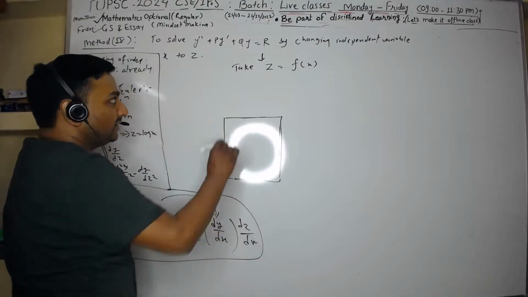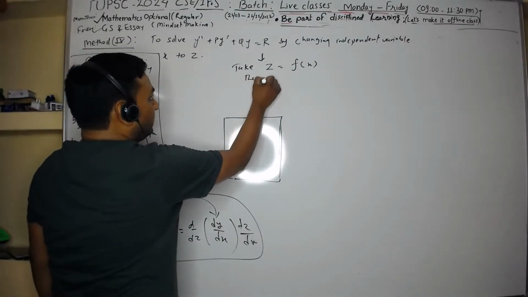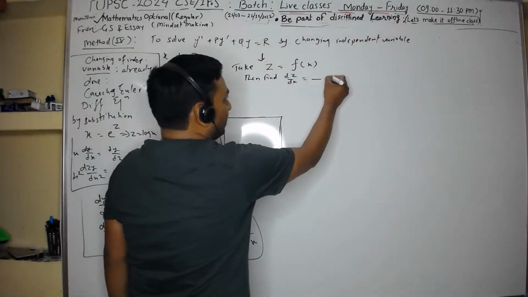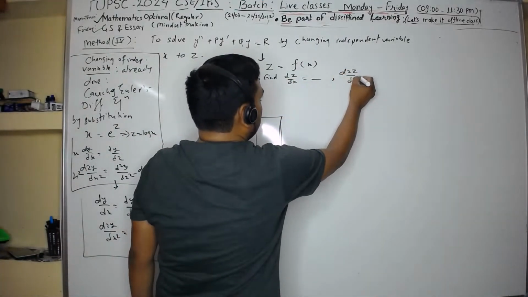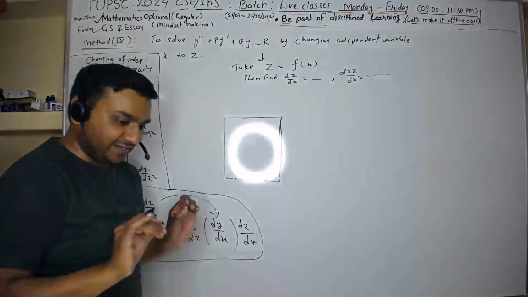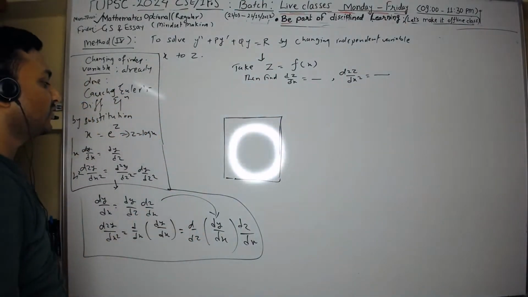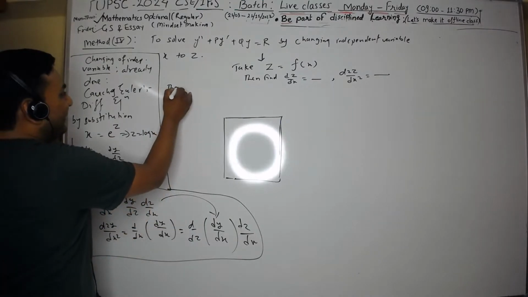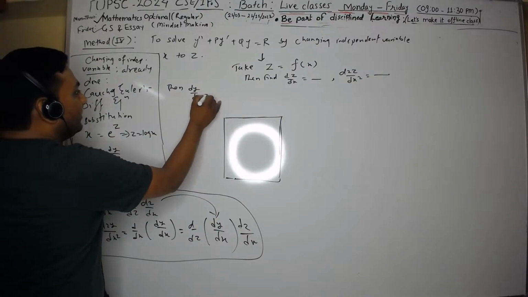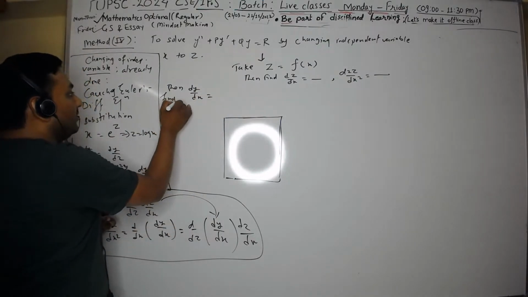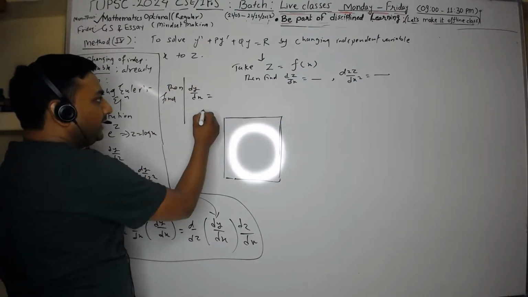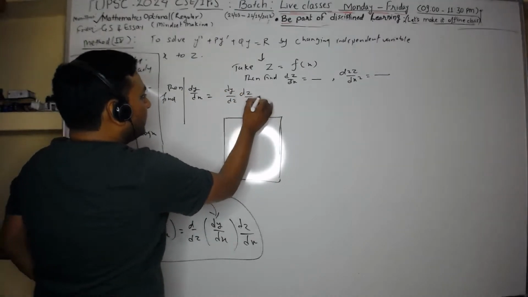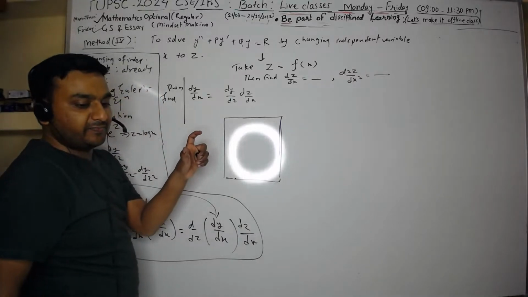Fair? Then find dz over dx and find d2z over dx square using this process. Then dy over dx can be written as dy over dz into dz over dx, right?